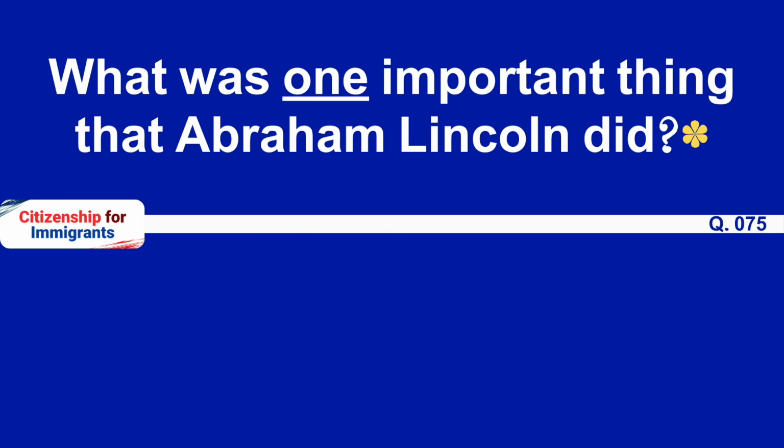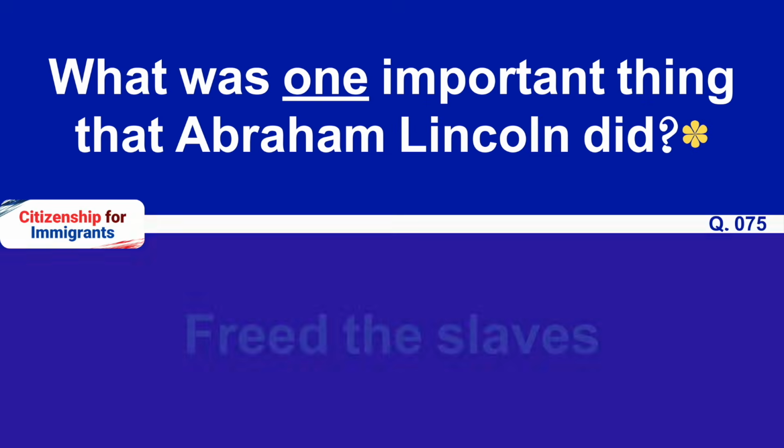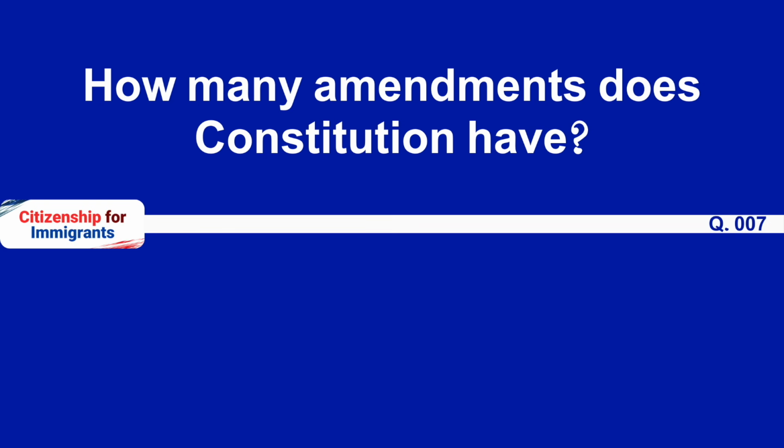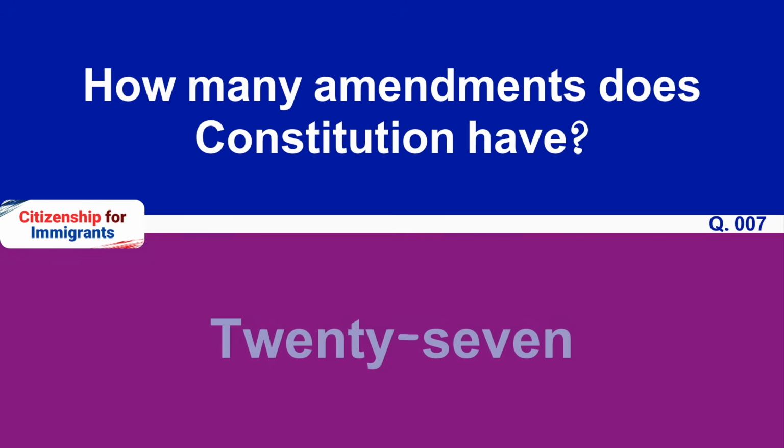What was one important thing that Abraham Lincoln did? Freed the slaves. How many amendments does the Constitution have? 27.